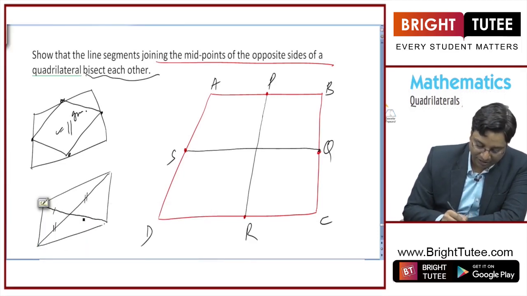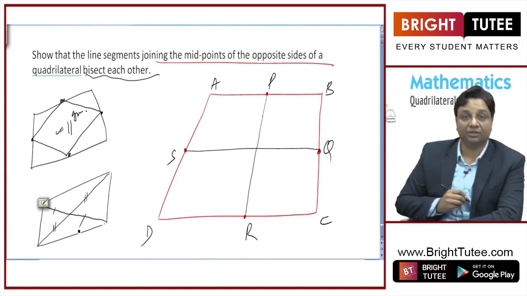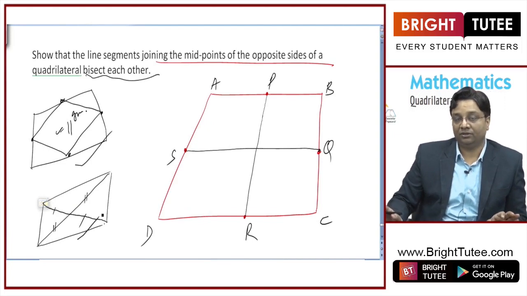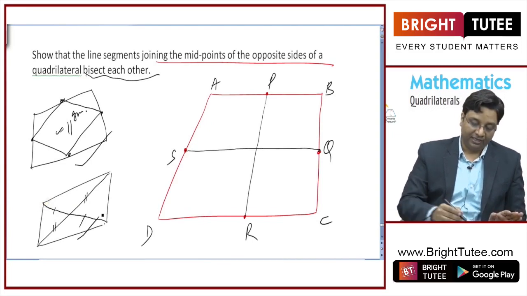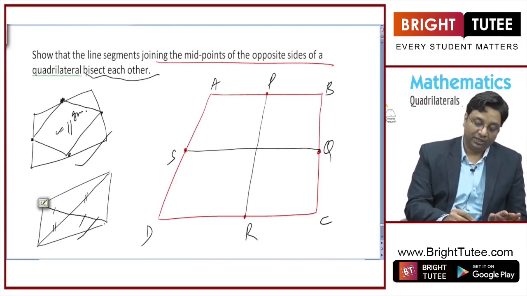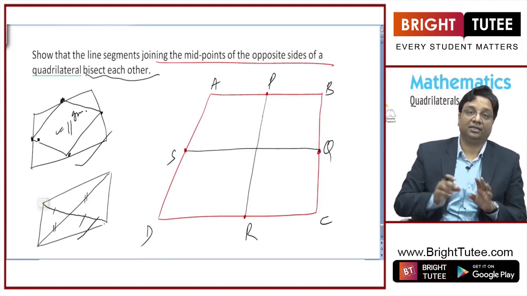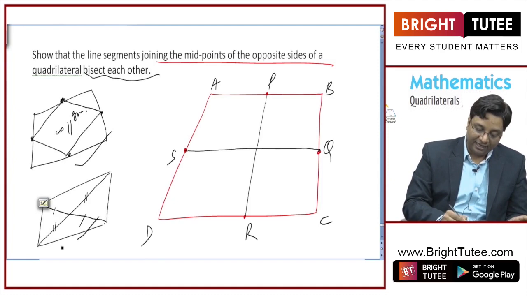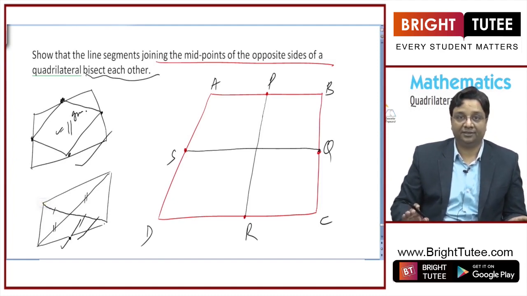So this segment is equal to this segment, and this is equal to this. If you know these 2 things, you can do this question in 10 seconds. That if you join the midpoints of sides of a quadrilateral, the inside quadrilateral that is made is a parallelogram, and the diagonals of a parallelogram bisect each other.